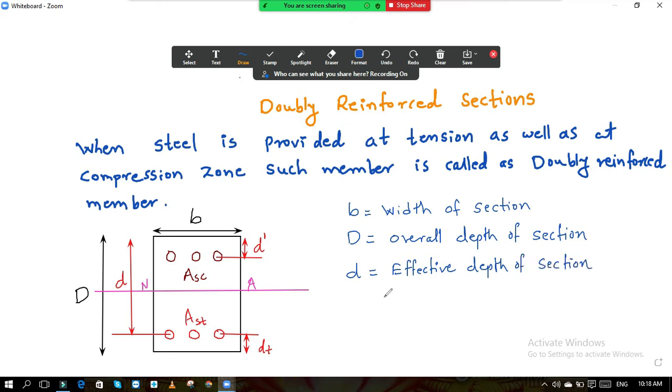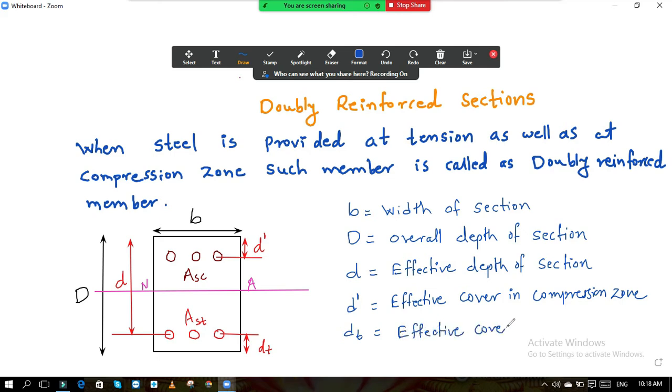Then d dash is the effective cover in compression zone. And then dt is the effective cover in tension zone.